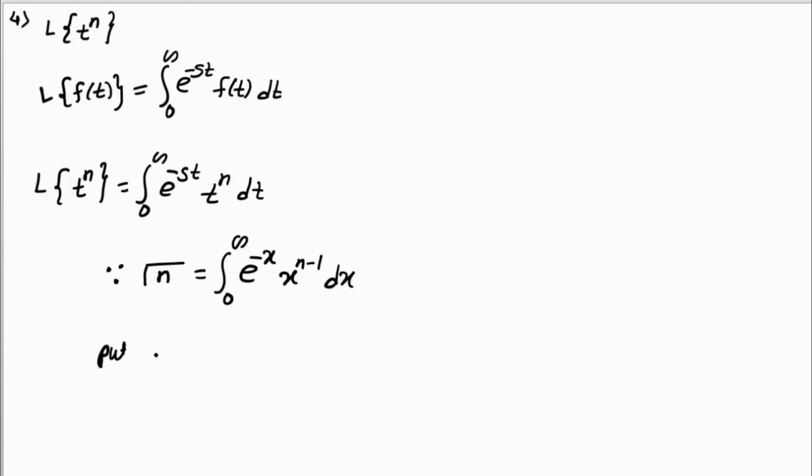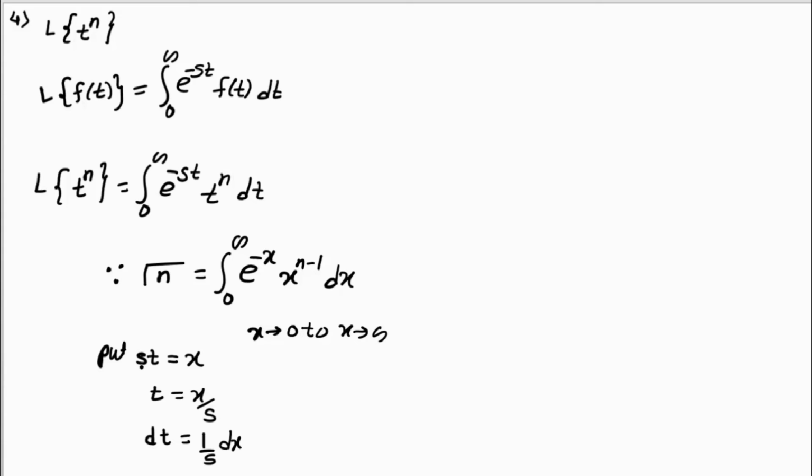We'll put st equal to x. That means t is equal to x by s. So dt is 1 upon s dx. The corresponding limit also you have to change. Here it is a limit for t, and to convert it to the limit for x, x also varies from 0 to infinity. When we put t equals 0, you will get x equals 0.